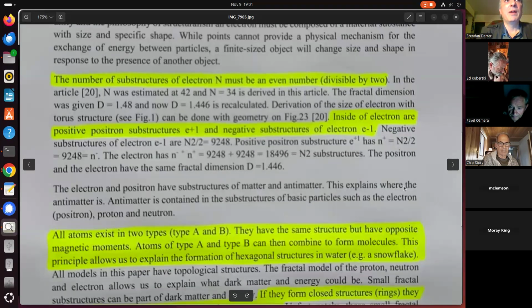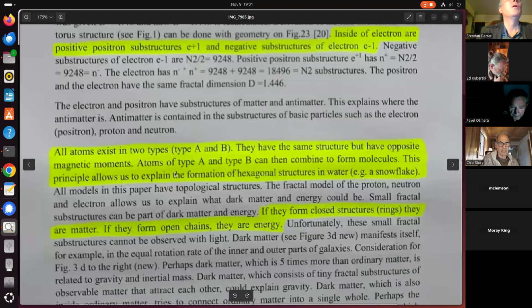The electron and positron have substructures of matter and antimatter. This explains where the antimatter is. Antimatter is contained in the substructures of basic particles, such as the electron, positron, proton, and neutron. All atoms exist in two types, type A and B. They have the same structure, but have opposite magnetic moments.